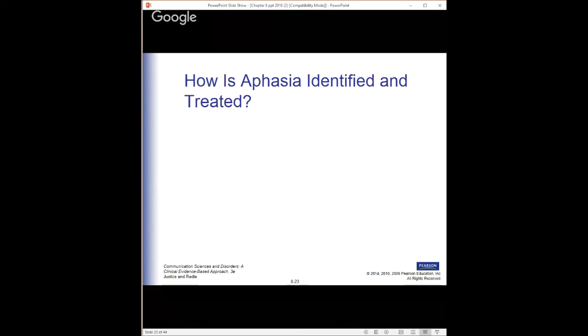So now that we've looked over some of the characteristics of each type of aphasia, how is aphasia identified and how do we treat it? Of course, we start with an assessment process.